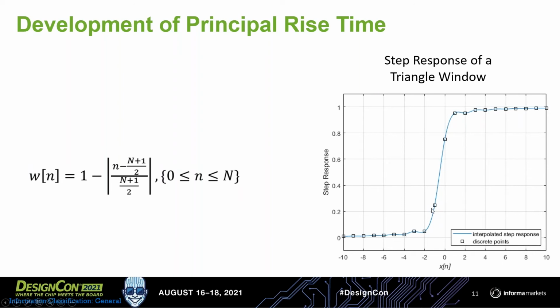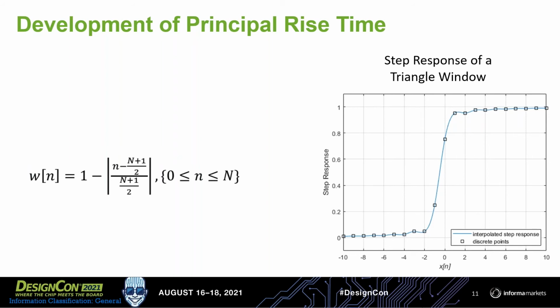And then if you say, well, you just need more points, so just add points with the same frequency spectrum. And again, you're not going to get what you want. Instead, what you're going to get is a longer tailing edge and a longer edge in the front. So what we have to do is interpolate between these points, and then we'll get a fractional amount of points between that. And that's what we're calling the principal rise time.